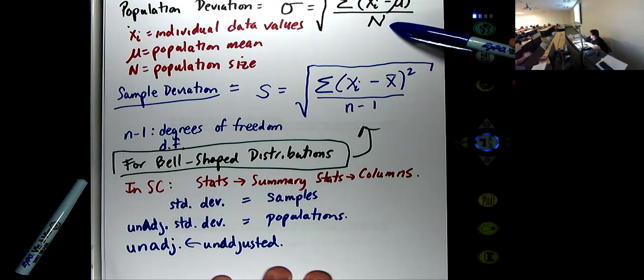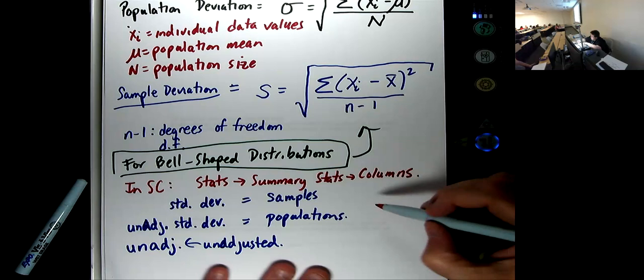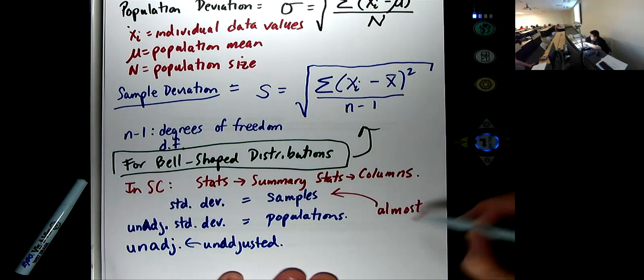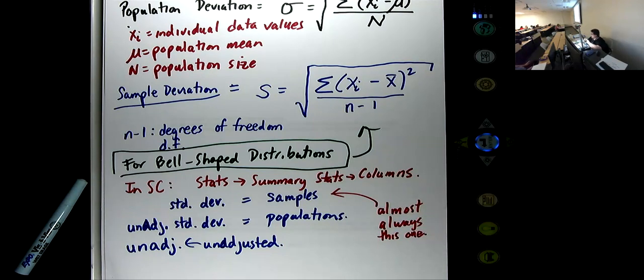We keep the full sample, full population size. You will almost exclusively be using this one. Always this one. In fact, they put unadjusted standard deviation way down on the list, so you don't see it first and go, let's use that.